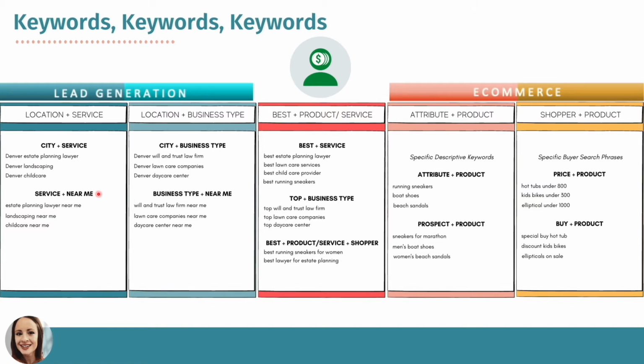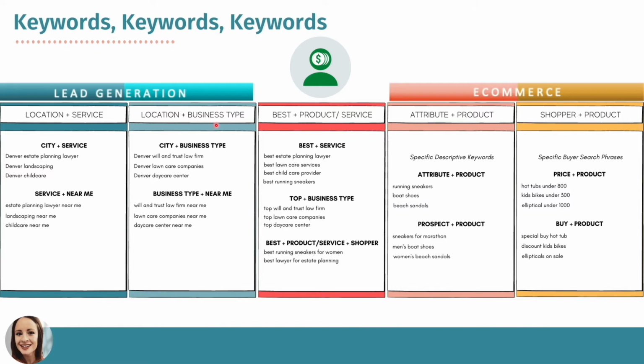You're on your phone and you're looking for a restaurant that's near you. You would search for it and you are very likely to hit near me. This is definitely a search term that we want to include, and we want to create a different keyword list specifically based off this. For example, estate planning lawyer near me, landscaping near me, childcare near me, and this would be its own unique ad group.